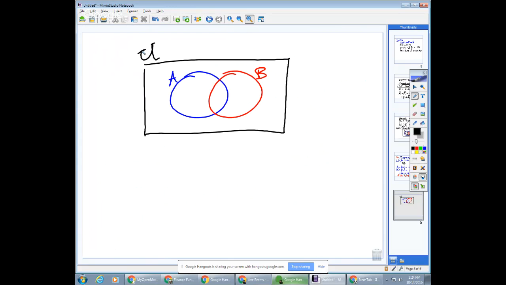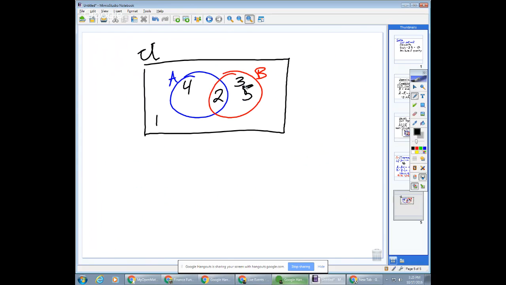So Sheila said earlier that that crescent in the middle, that represents our intersection, so that's where 2 should go. And then, for example, 4 is even, but it's not prime, so it goes definitely right there. 1, it's not even, right? And it's not prime, so it goes out here. 3 is prime, but not even, so it goes in that crescent. 4, 5, prime, right?